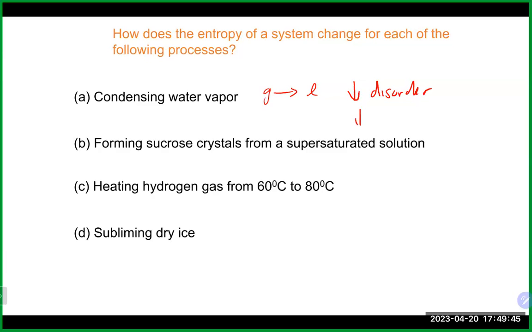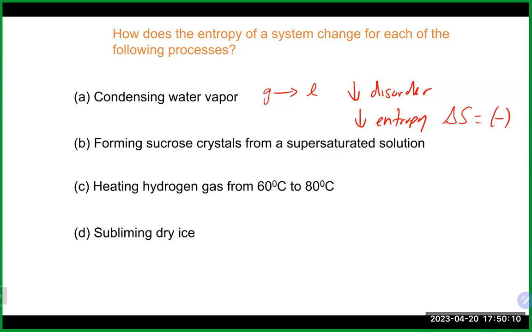Which means the entropy should also decrease. Should the change in entropy be positive or negative here? The change in entropy should end up being negative in this case, as it's decreasing. Or if you want to look at it the other way, you're increasing the order, and that would cause a decrease in the entropy.